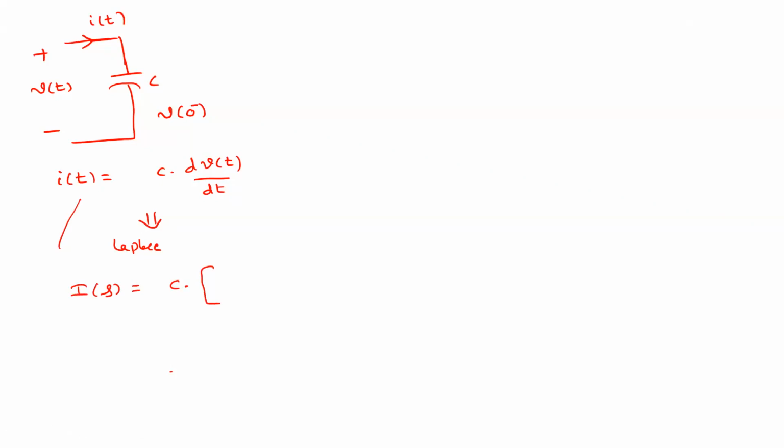S into V of S minus V of 0 minus. So this can be written as S into C into V of S minus C into V of 0 minus, which is equal to I of S.